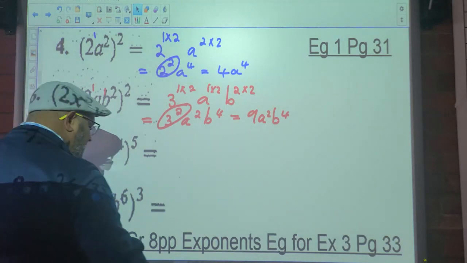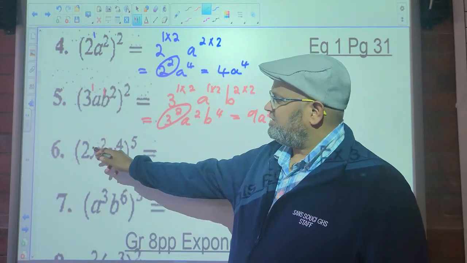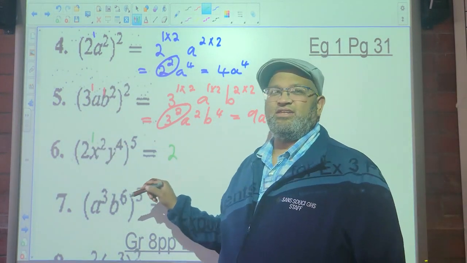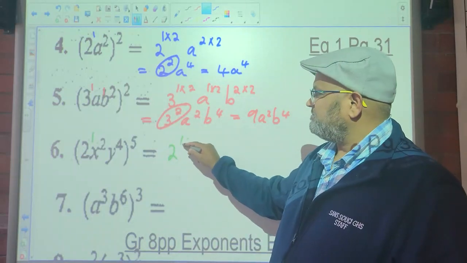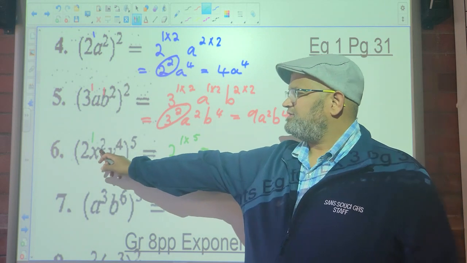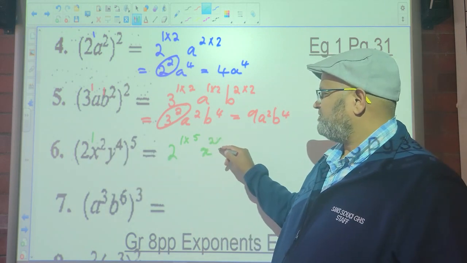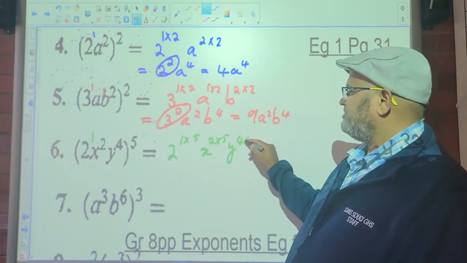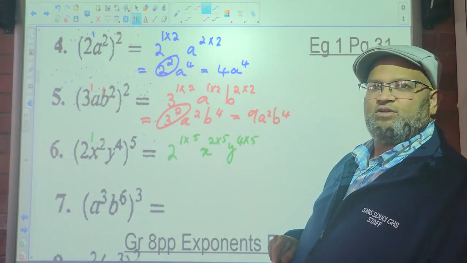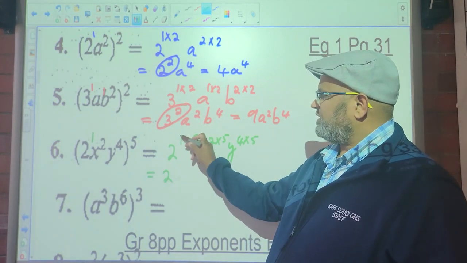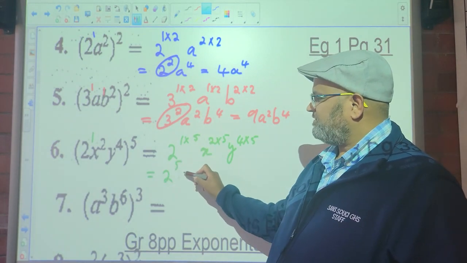Okay, so there's no exponent on the 2, then what goes here? 1. So that will be 2 to the exponent 1 times 5. X to the exponent 2 times 5. Y to the exponent 4 times 5. You all agree with that? So now it gives us 2. What's 1 times 5? 5.